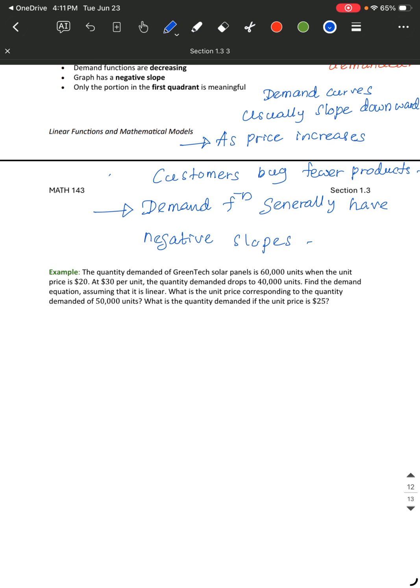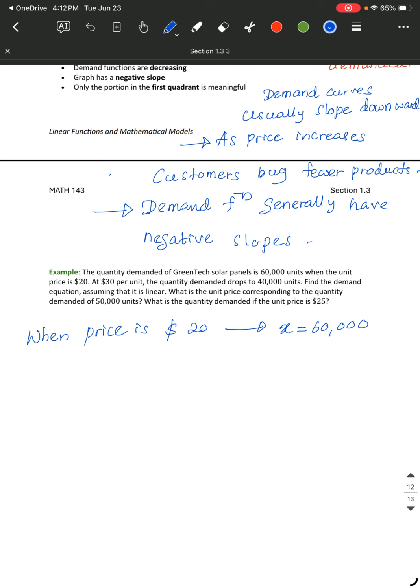Okay, let's see the example. The quantity demanded of Green Tech solar panels is 60,000 units when the unit price is $20. And when the unit price is $30, the quantity demanded drops to 40,000.